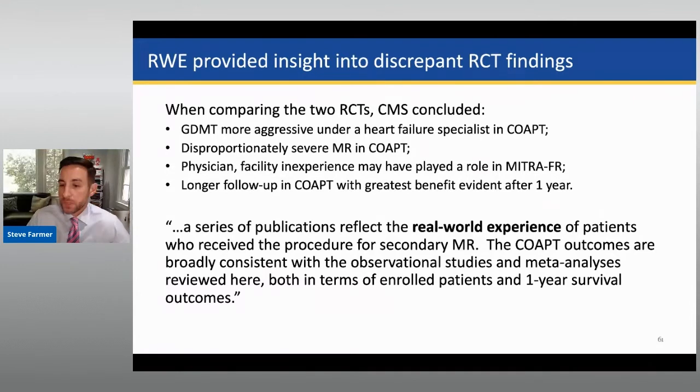Many patients referred for COAPT did not meet inclusion criteria, as I mentioned just a moment ago. And lastly, COAPT followed patients for 24 months, and the survival curves diverged after a year. So you may not have seen a survival benefit in MITRA-FR because they weren't followed for long enough.